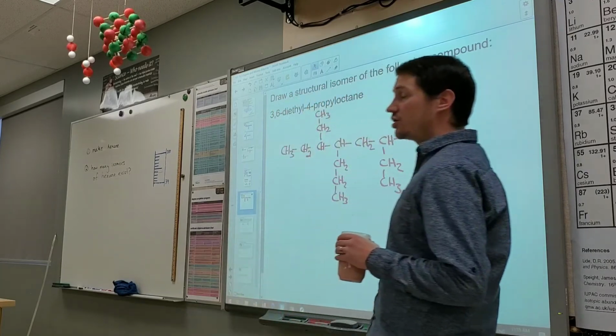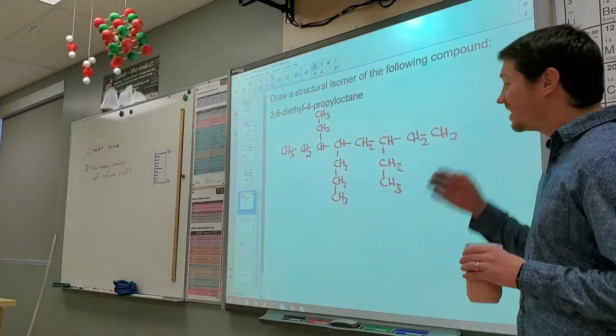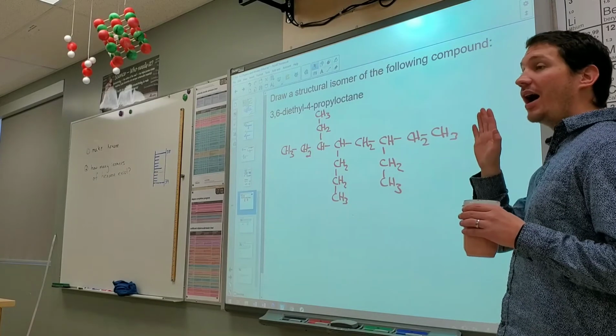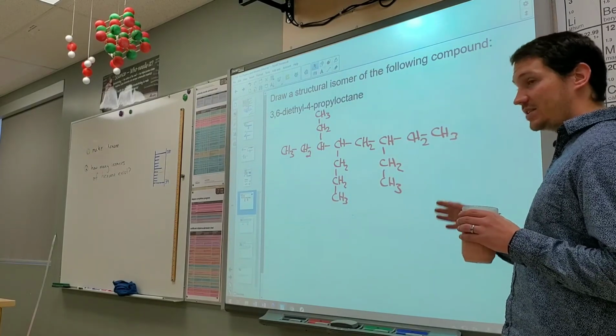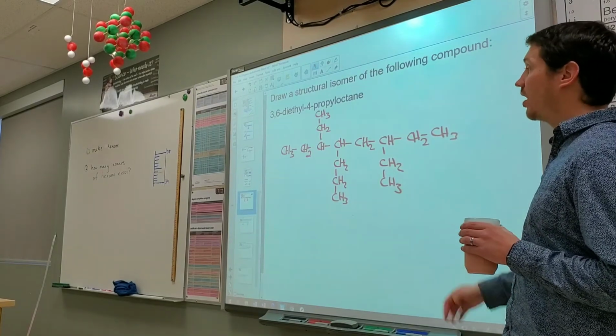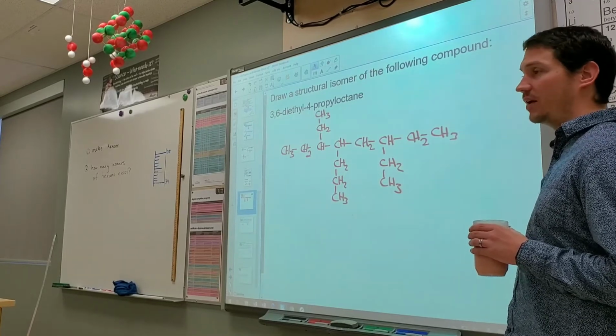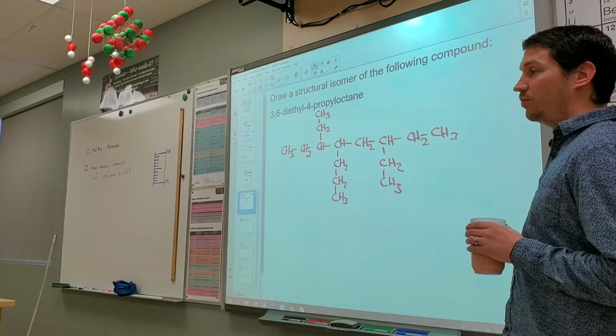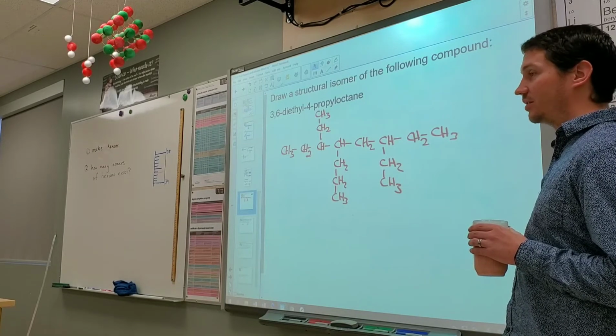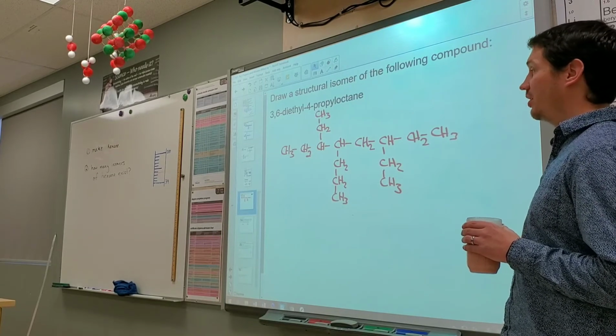Okay. So let's draw an isomer of this compound. What is an isomer of this compound? Move everything one to the right. What do you mean move everything? All the ethyl groups. Sure.